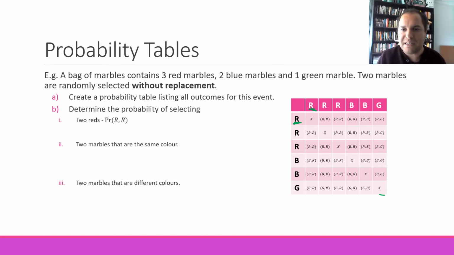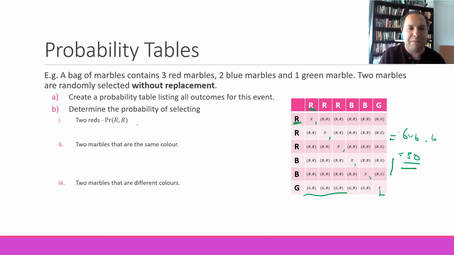Now notice this time we don't have 36 events. We still have the 6 this way and 6 this way, but we're taking out 1, 2, 3, 4, 5, 6 events. So we only have 30 possible outcomes this time without replacement.